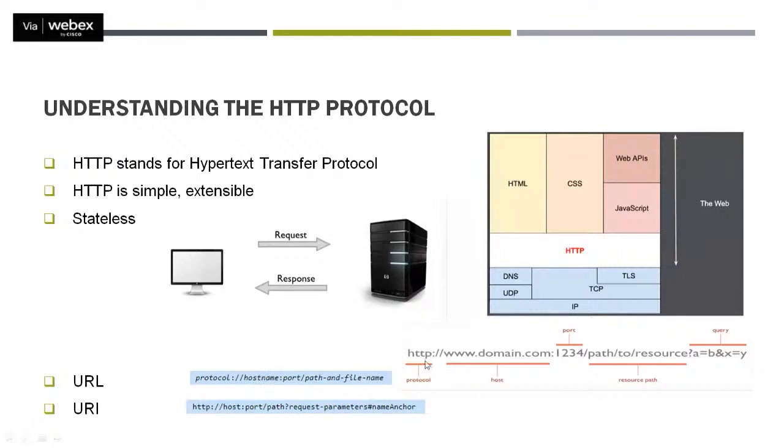Here you can see this is the protocol. This is the host or host name. Then a port number is given. The port number is the port through which your communication or request is sent and the response will come back to you. Then further, the resource path, or path and file name, is there, like on this path, in this particular file, and in this particular folder.